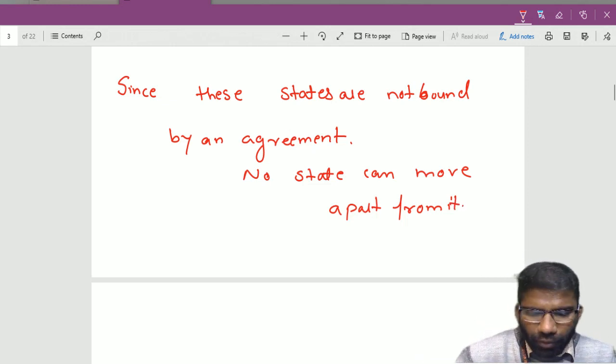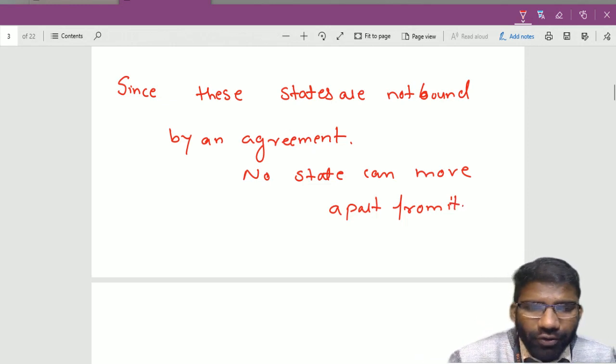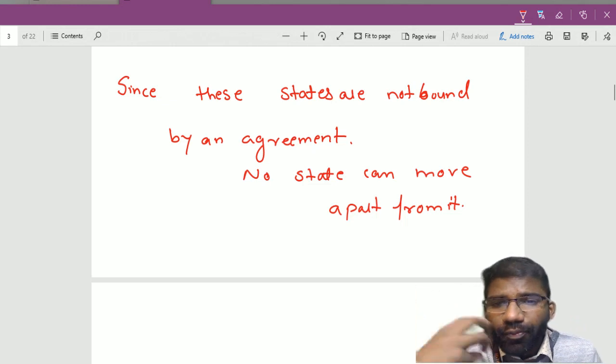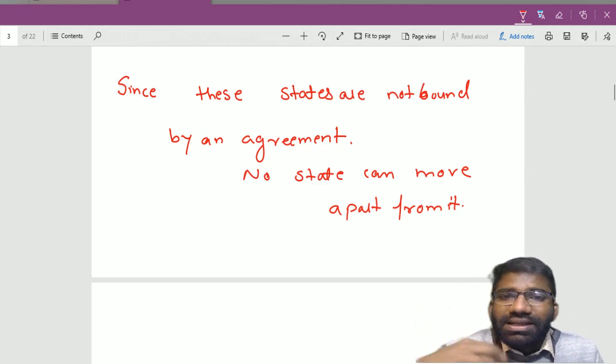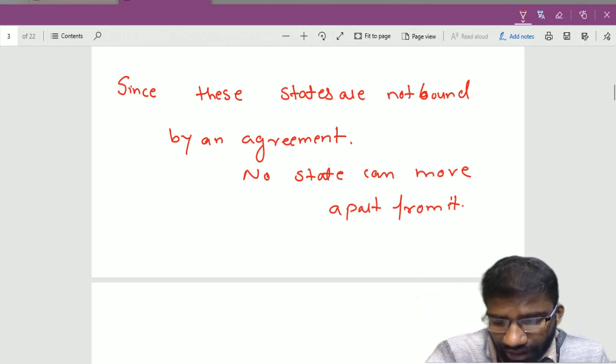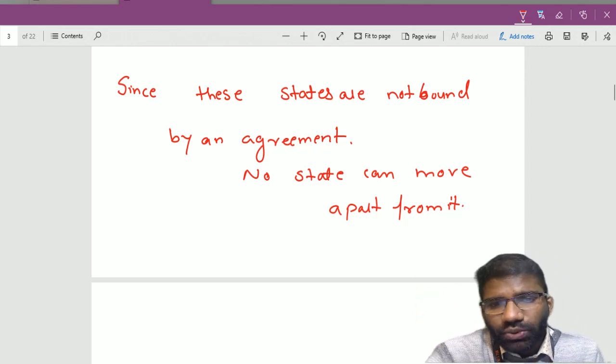Like, tomorrow morning, if Tamil Nadu wishes, can they move out of India? No, because they are not bound by an agreement. If it were bound by an agreement, then they could break the agreement. Since it is not even bound by an agreement, they cannot break this union and move away from it.